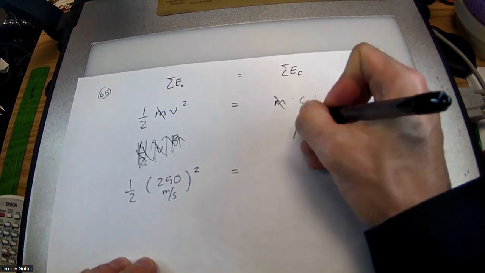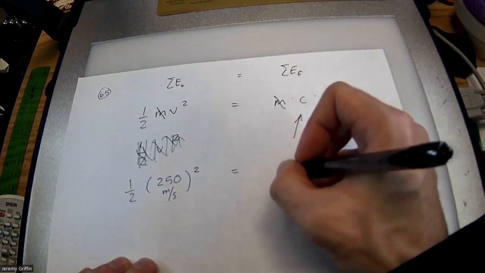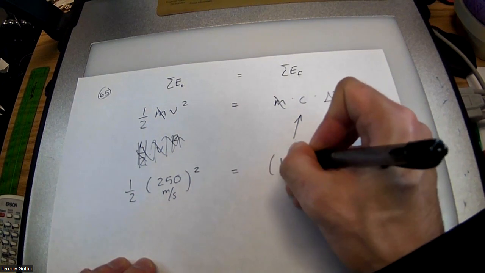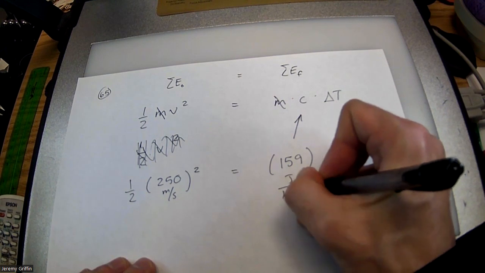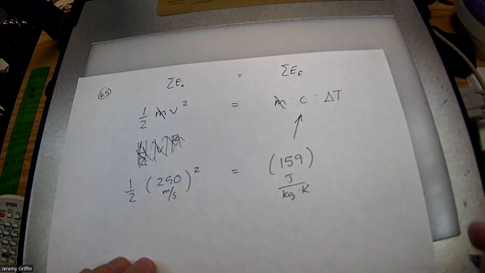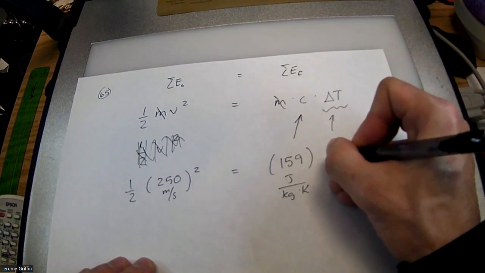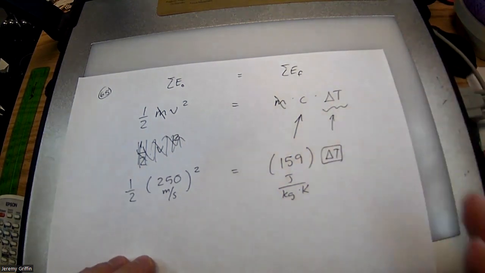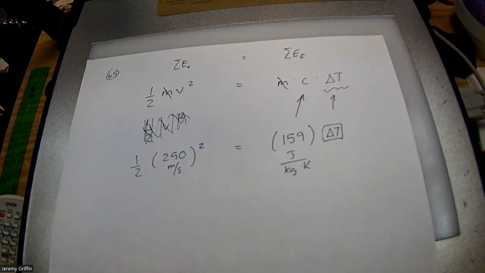For C, specific heat capacity, instead of 0.159 joules per gram Kelvin, do 159 joules per kilogram Kelvin. And this is all multiplied by some delta T that we're solving for. What's the temperature rise? Okay, guys got that?